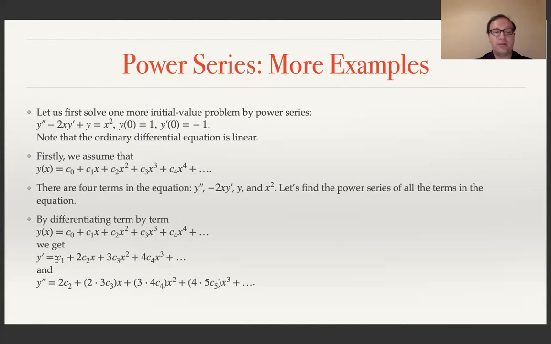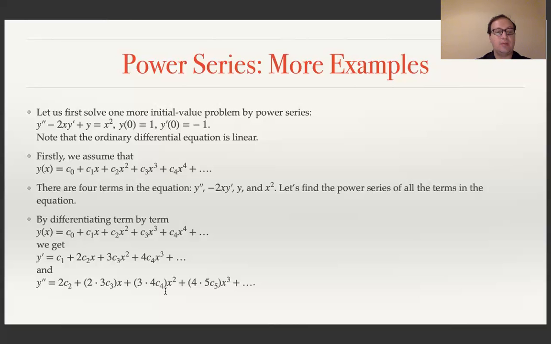So within this radius of convergence, the derivative of c1 is 0, the derivative of 2c2x is 2c2, the derivative of 3c3x squared is 2 times 3 c3x, so 6c3x. The derivative of 4c4x cubed is 3 times 4c4x squared, so that's 12c4x squared.